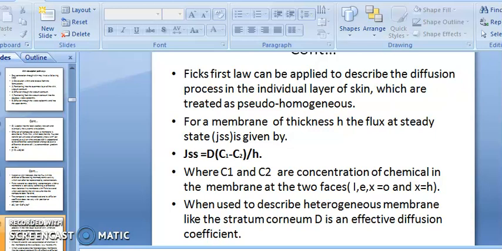When used to describe a heterogeneous membrane like the stratum corneum, D is the effective diffusion coefficient.